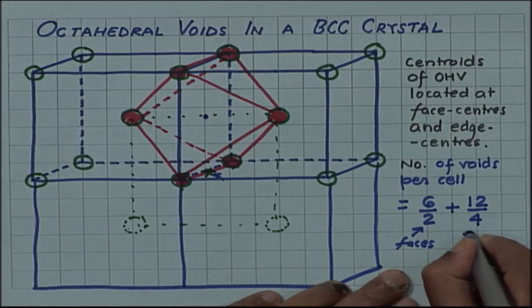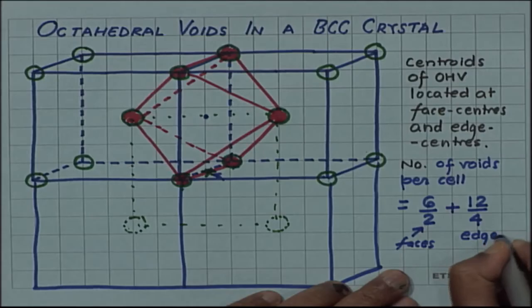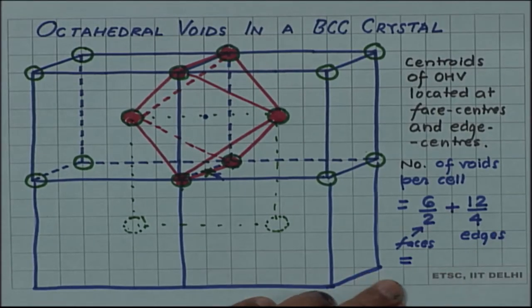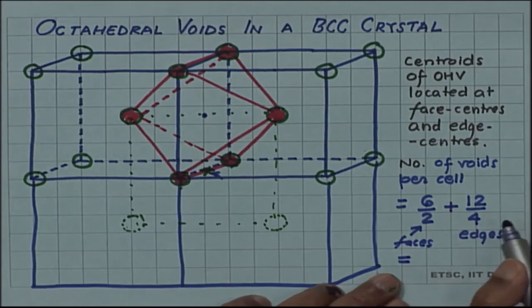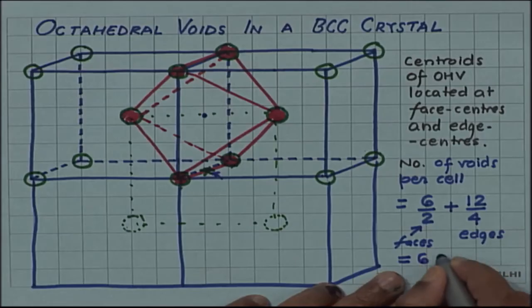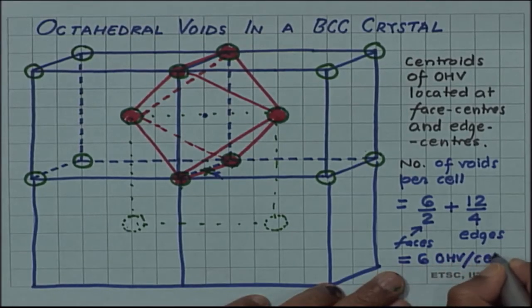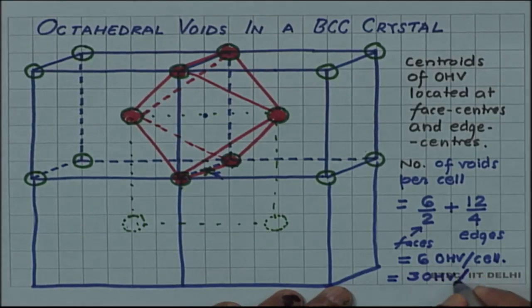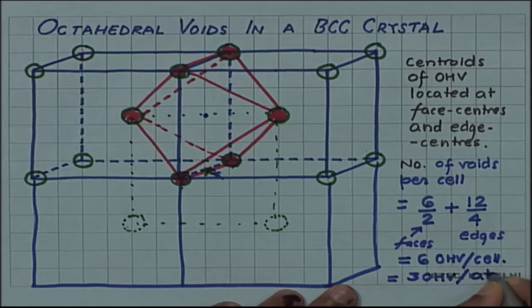So, we have 12 by 4, which gives us 3 plus 3, 6 octahedral voids per cell, and we have to just halve it. So, 3 voids per atom, because there are 2 atoms per cell.